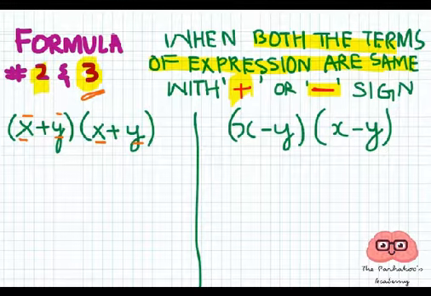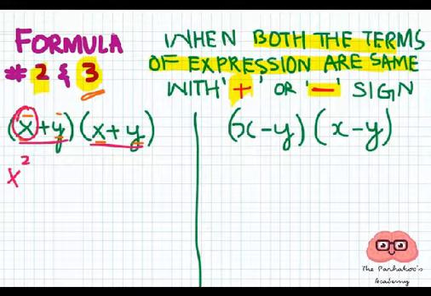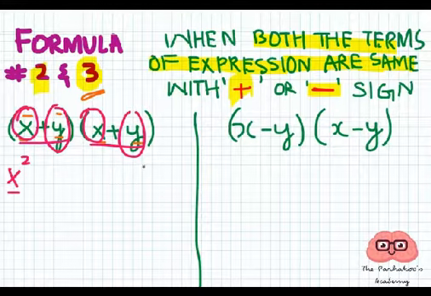So first, if you have the x plus y scenario, that means the same terms with a plus sign, square the first term. This is the first term, and the first term is the same in both the expressions, so square it. Square the second term.